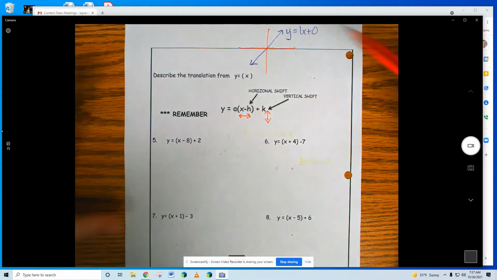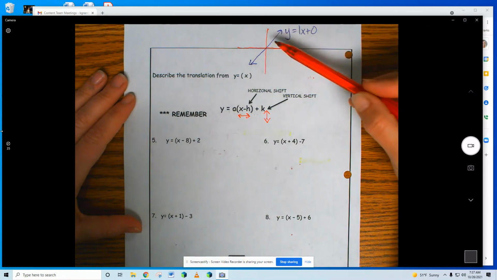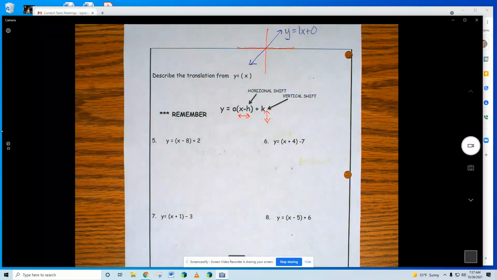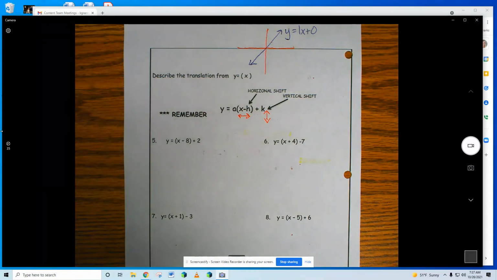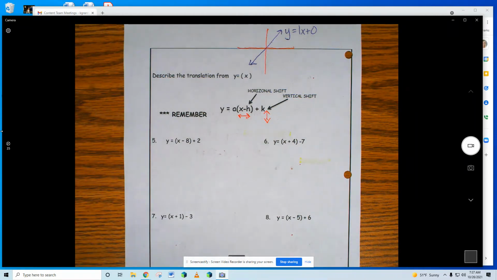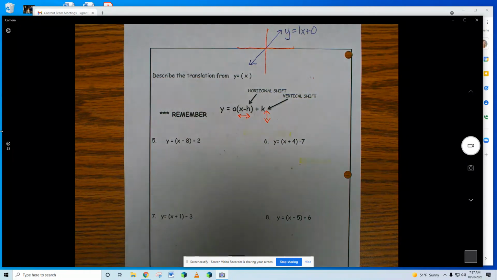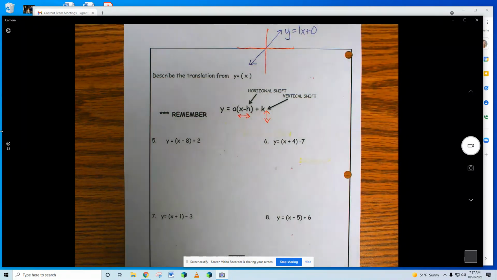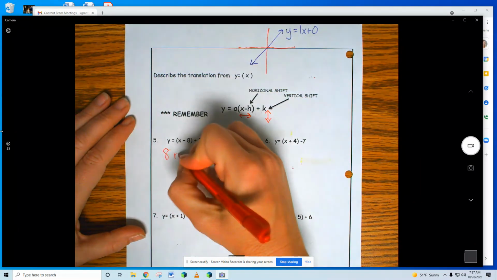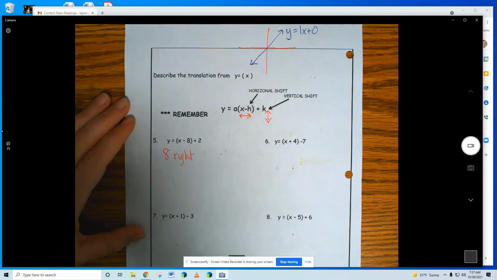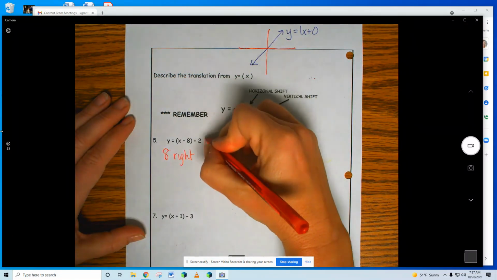It would be like this purple line, and I'm going to move it 8 one direction and 2 another direction. So somebody tell me. Yeah, let me hear. Good job. And 2 up.